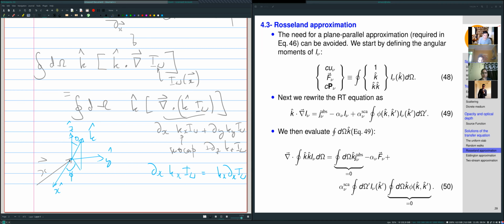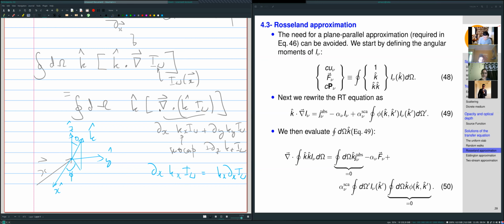So the partial derivative of kx I nu is the same as kx times dx I nu. Is that clear to everyone? It's not easy to follow, but I hope you see the logic of it.